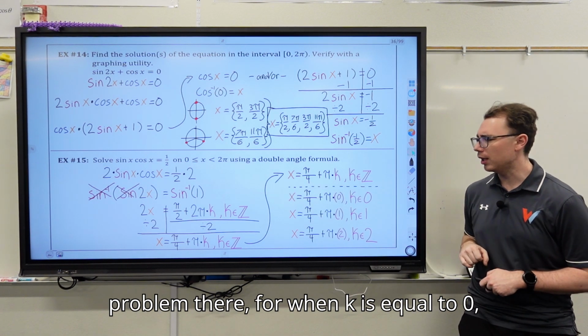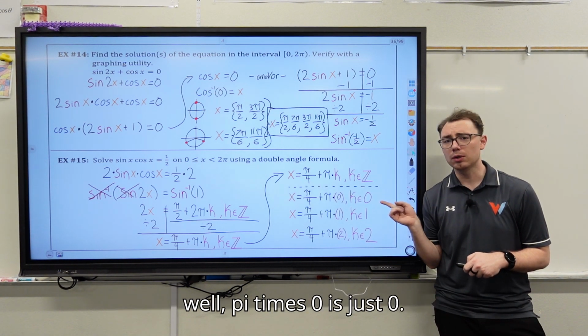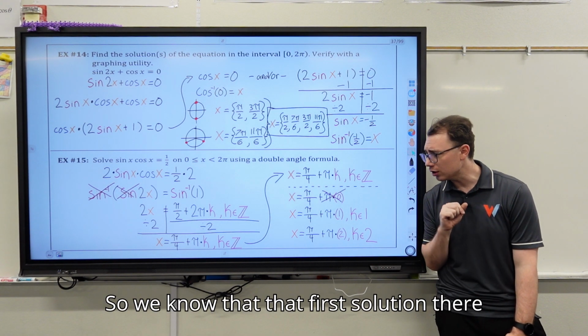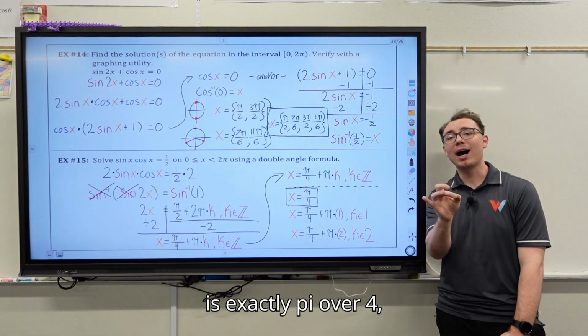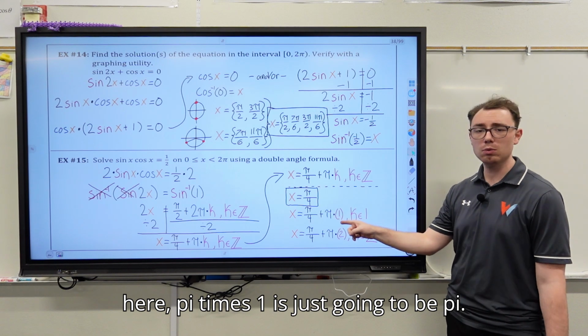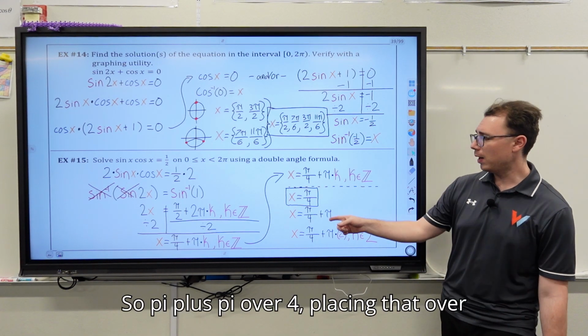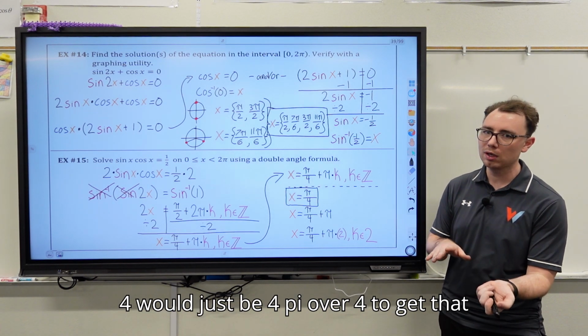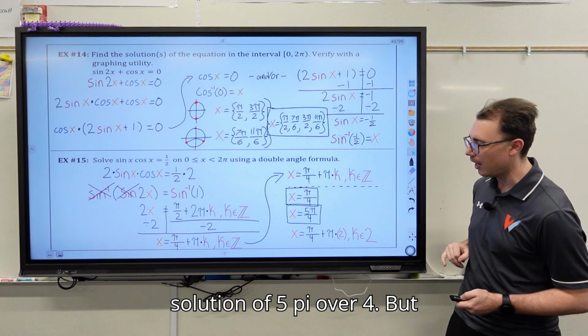For that first problem, when k is equal to 0, pi times 0 is just 0. So we know that first solution is exactly pi over 4. For this second solution, pi times 1 is just going to be pi. So pi plus pi over 4, placing that over 4, would be 4 pi over 4 to get that solution of 5 pi over 4.